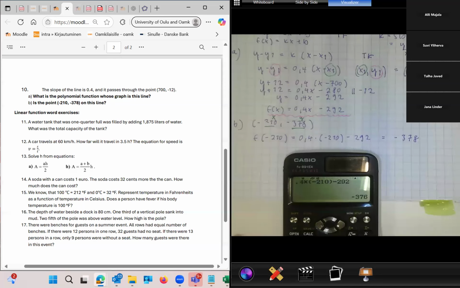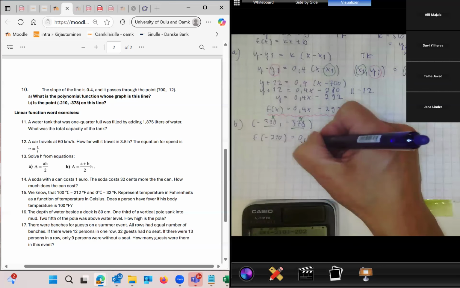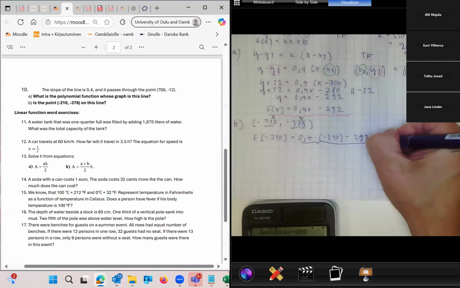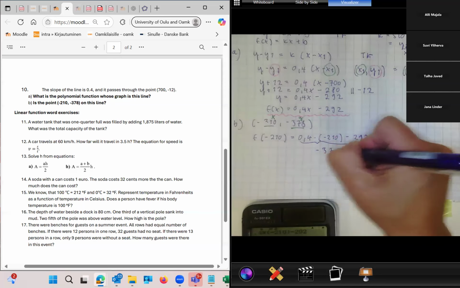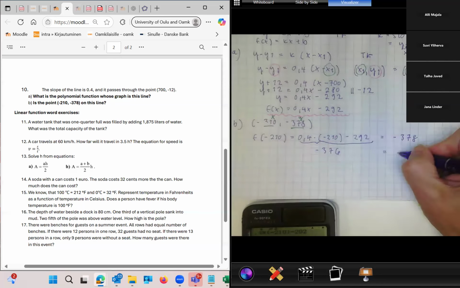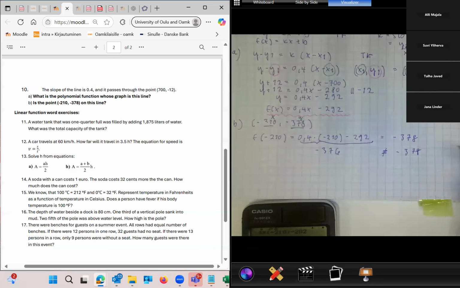Well, almost, but not quite. So then I got here on this side, I calculated it, and I got minus 376. Well, I had already put here this. So then I would put this kind of sign there. So it means that it's not.